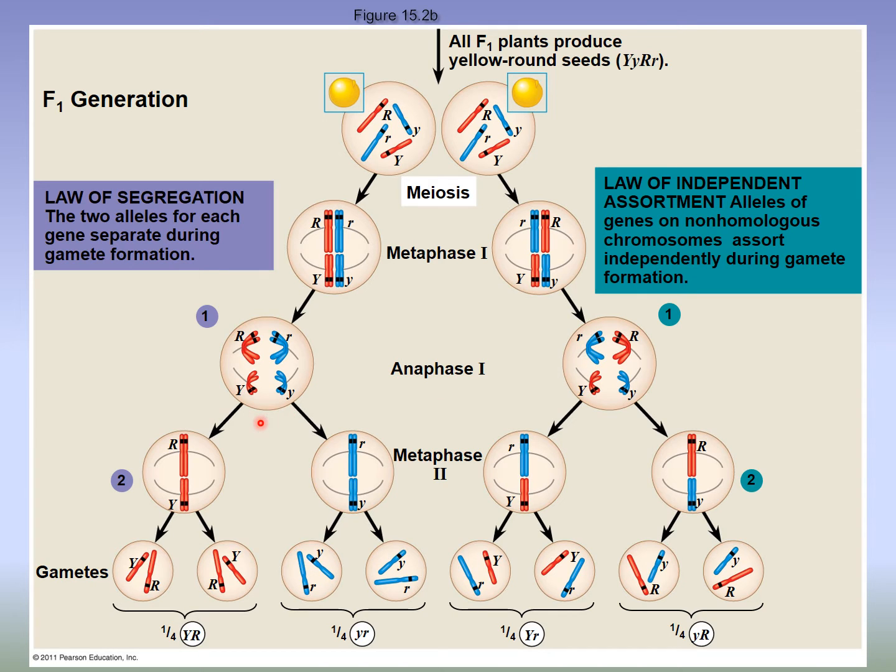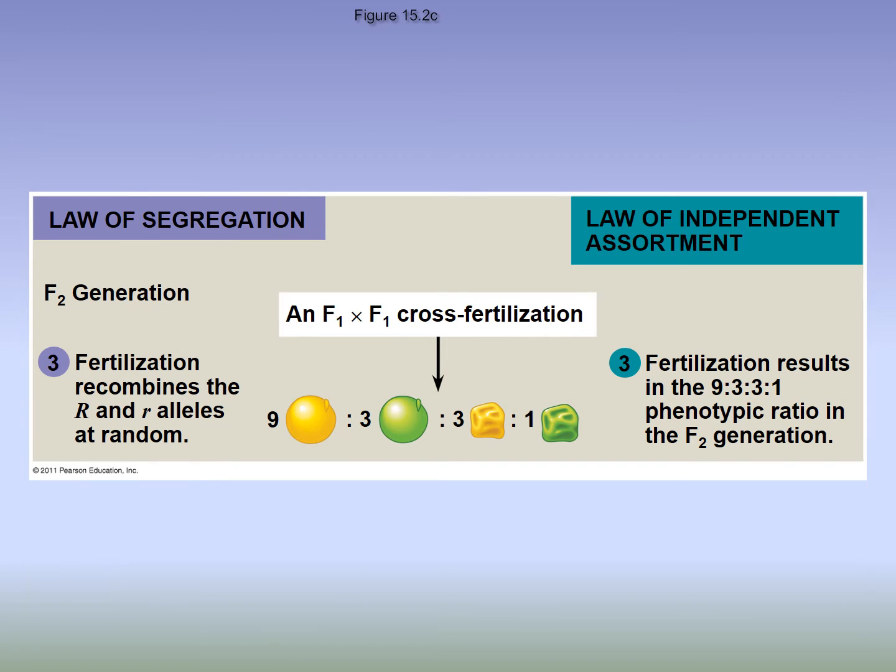Here we can see the results of metaphase 1 and then metaphase 2 all the way to the end of meiosis 2. Okay, so that's just a quick reminder, relating it to meiosis and the chromosomal level.